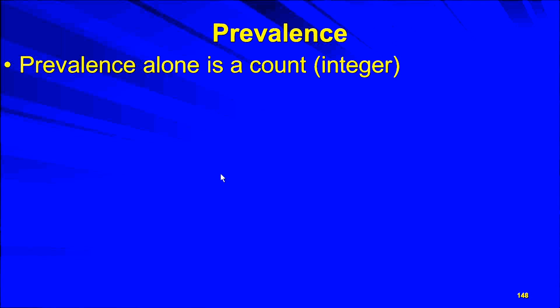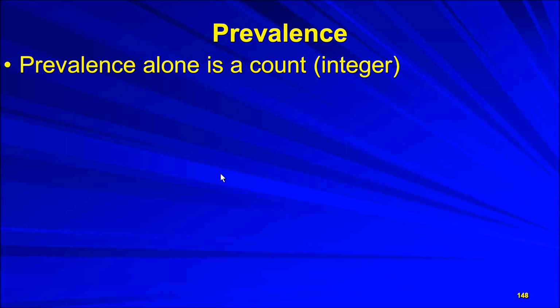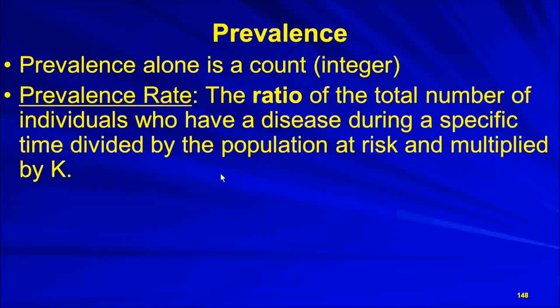So prevalence covers new cases, existing cases, and recurring cases. But for right now, you just need to remember that prevalence is a count. If I don't specify rate, rate is division and multiplication. So let's go on to the next term so you stay with me here.